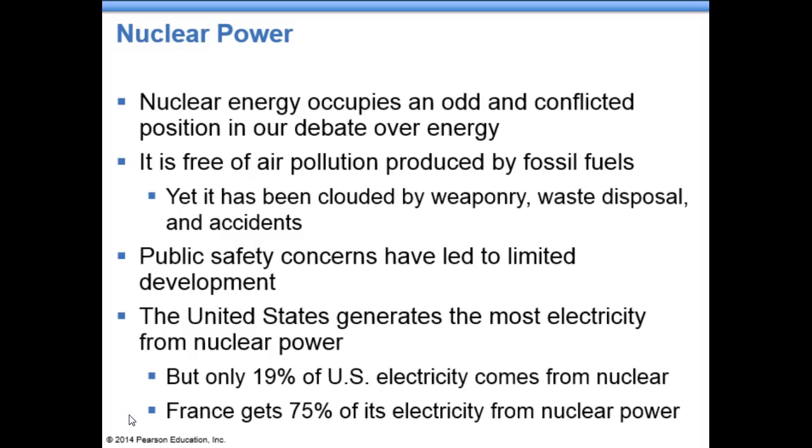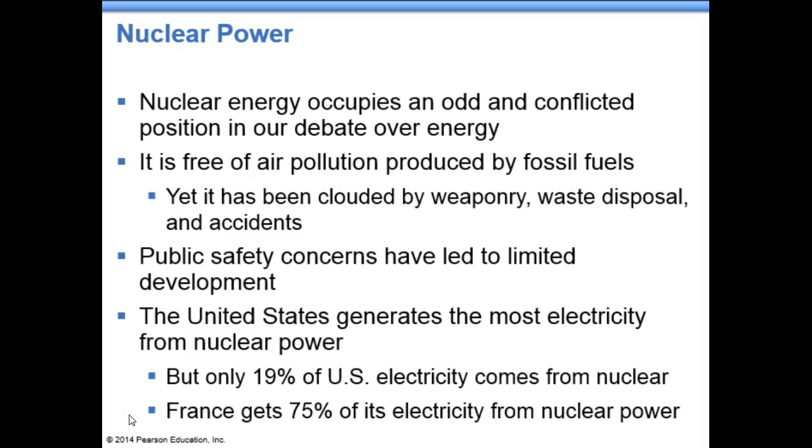But nuclear power's great promise has been clouded by a couple of things, one being nuclear weaponry. We all fear nuclear weaponry after we dropped the bomb on Hiroshima and saw what radiation can do, and what happened at Chernobyl and Fukushima, which we'll be talking about later on. There are public safety concerns, and we have spent a lot of money addressing them, and because of that, it has constrained nuclear power's spread.